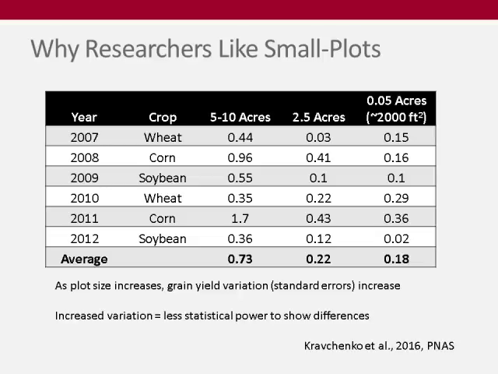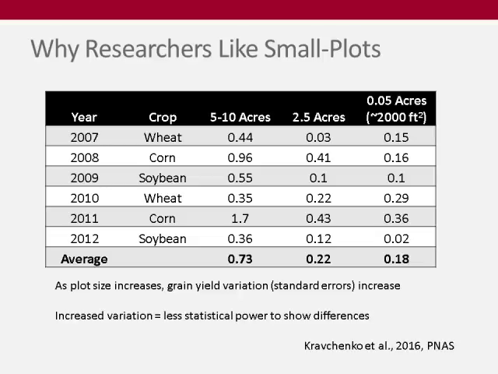So when we have a lot of variability, it means our statistical power goes down the drain, right? And so that's why we like small plot research for this reason, because we can make statements like, that treatment has an effect, or that treatment doesn't have an effect. So variability, uncontrolled variability, is kind of the bane of a field researcher, right?